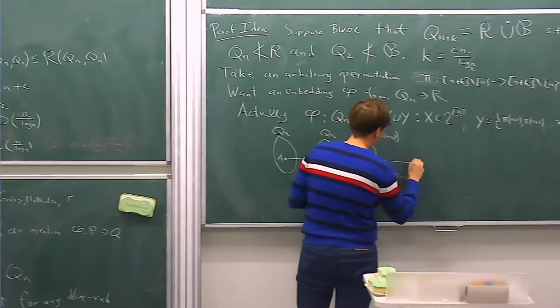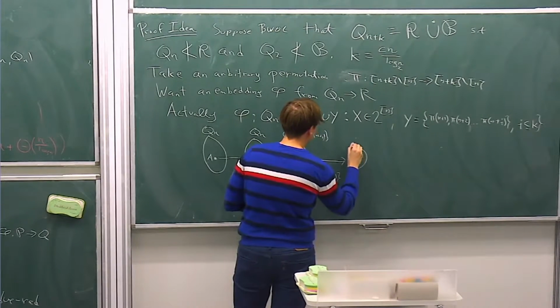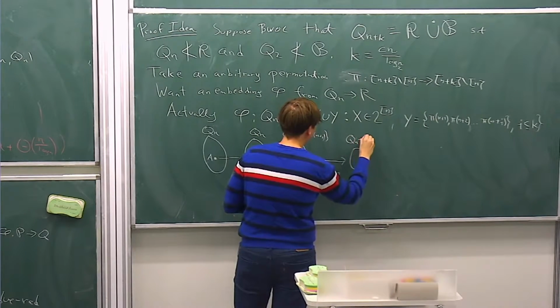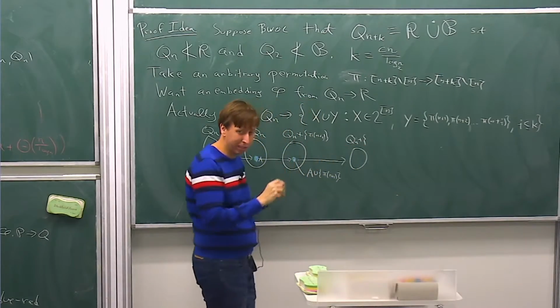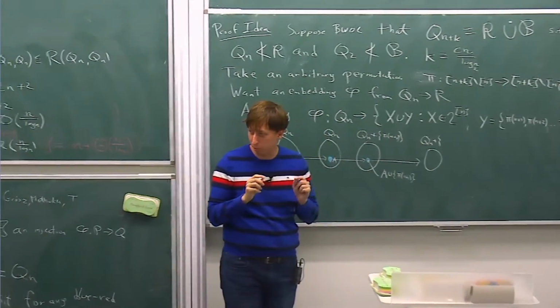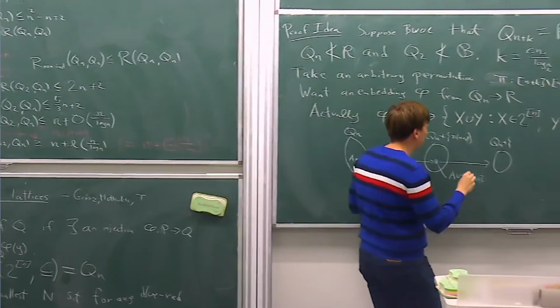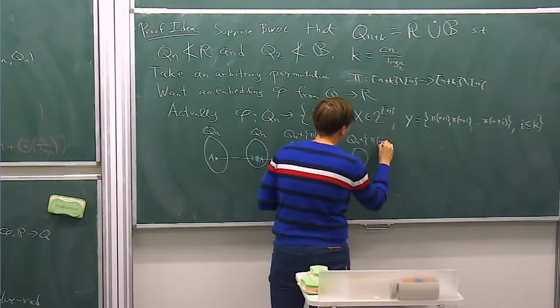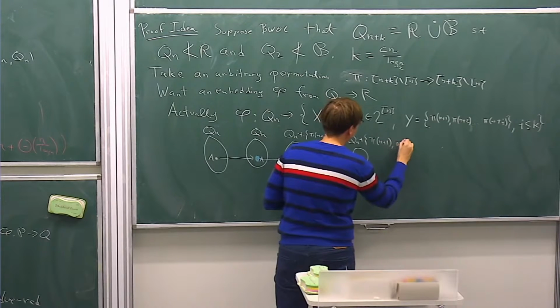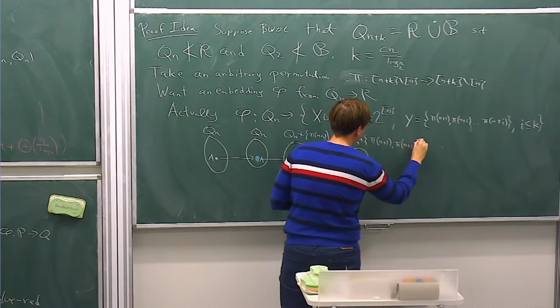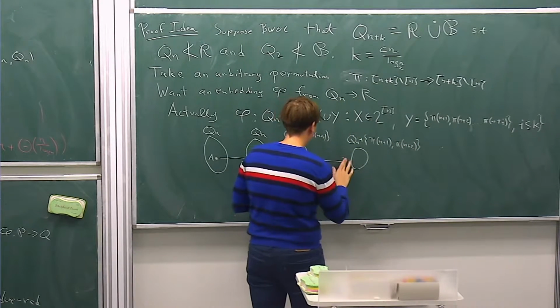Now we take Qn plus the first two consecutive things in the permutation which we have fixed already. So we try to go to pi n plus 1, pi n plus 2, and we try to send it here.